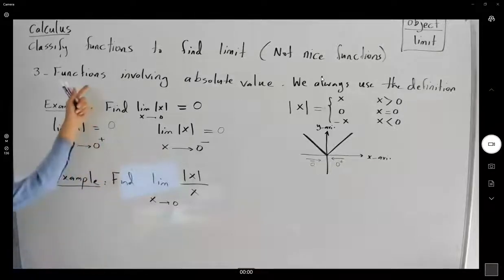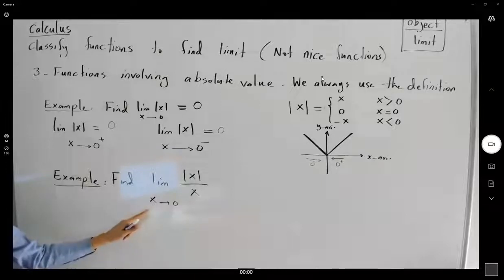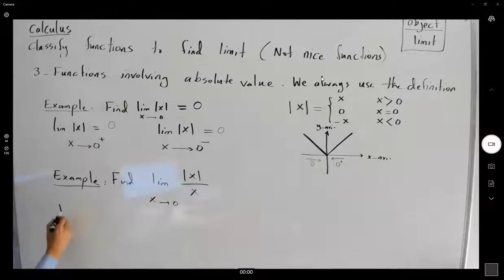I know that if I have functions involving absolute value, I have to use the definition of absolute value. X is getting closer and closer to 0 from left. X is getting closer and closer to 0 from right. So let us find the limit of absolute value of x divided by x as x approaches zero from right-hand side.